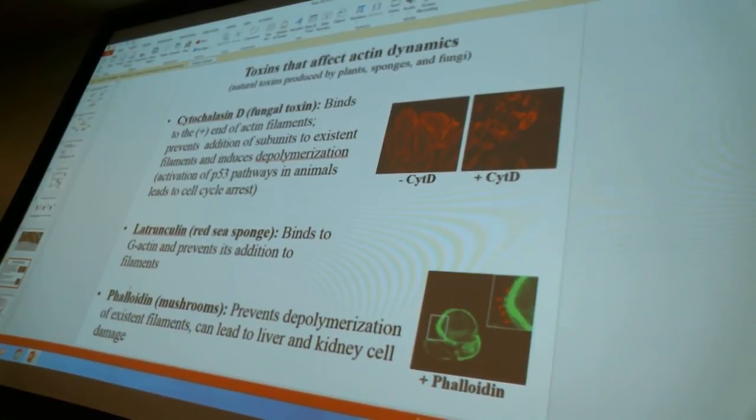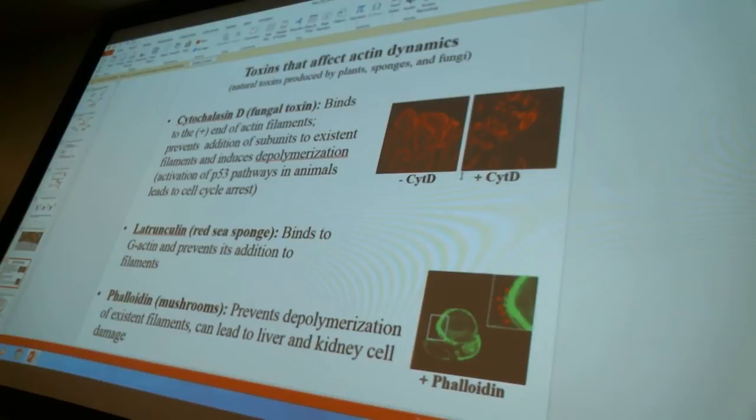This type of chemical prevents depolymerization of existing filaments. So in both cases, when we promote depolymerization artificially or when we promote polymerization, this is very toxic for the cells. Cells don't want to be in a fixed state.